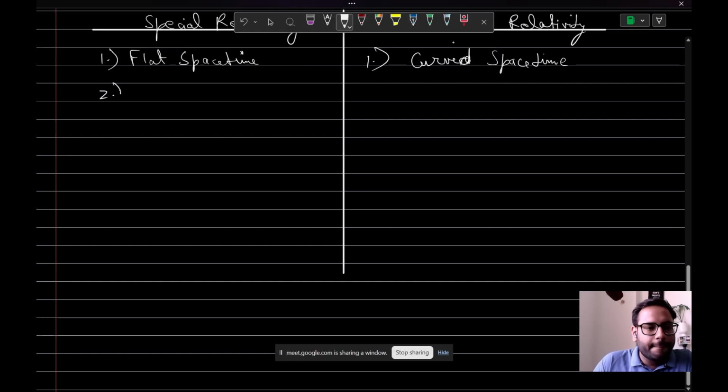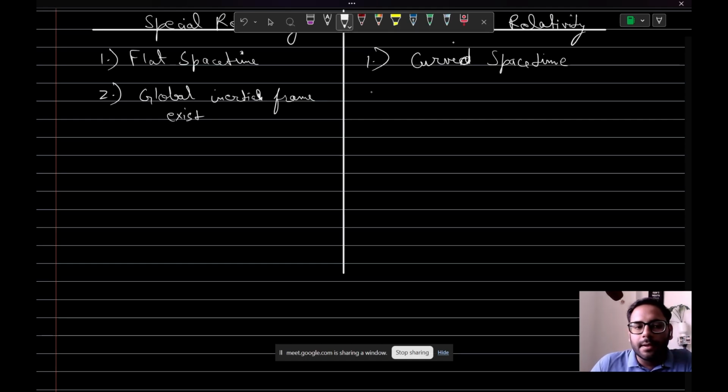Second thing is global. We can define inertial frames globally in special theory of relativity.